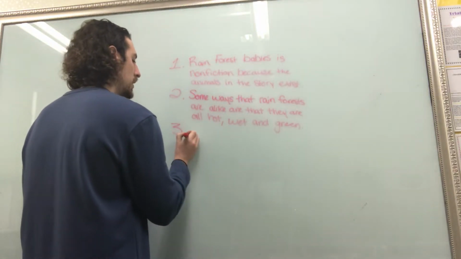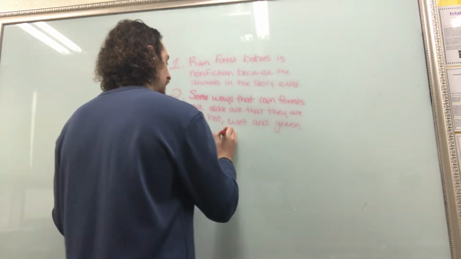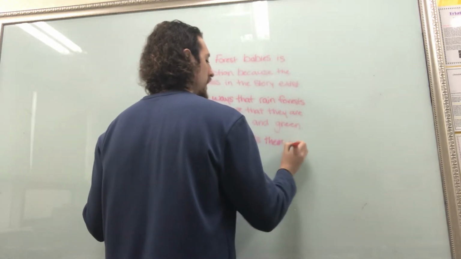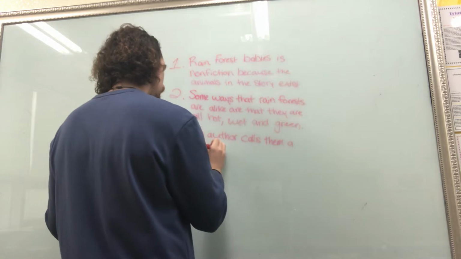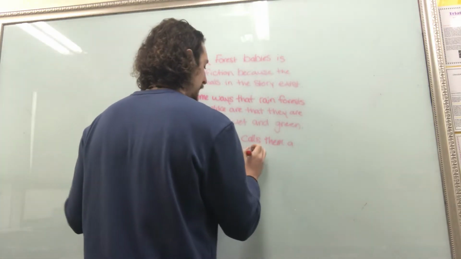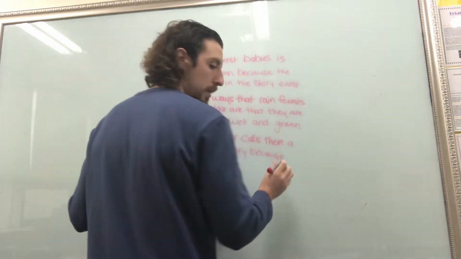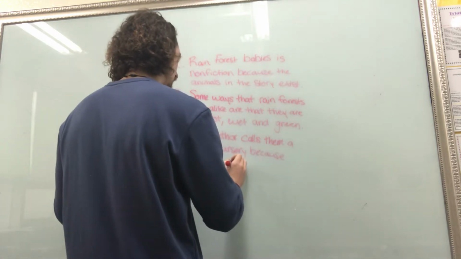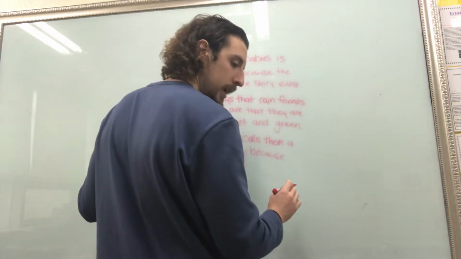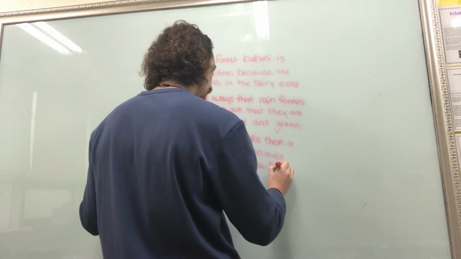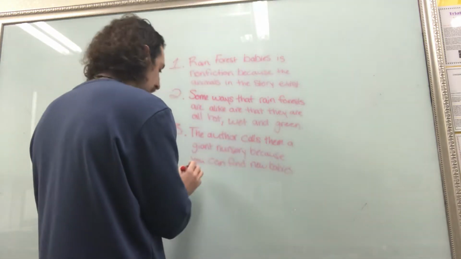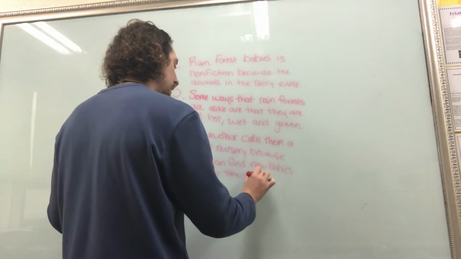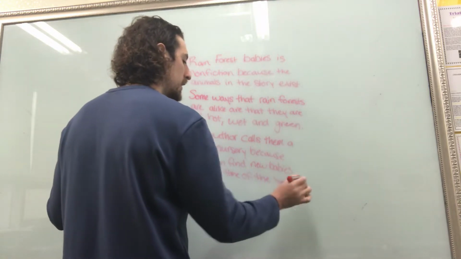So for number 3, we'll say the author calls them a giant nursery because you can find new babies at any time of the year.